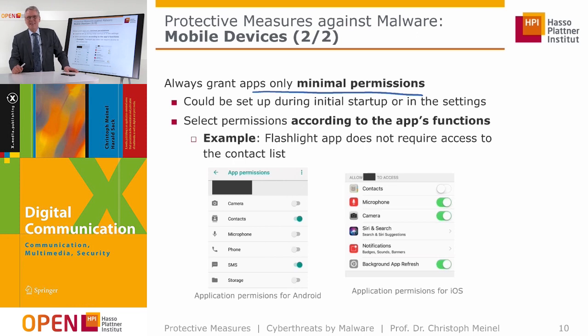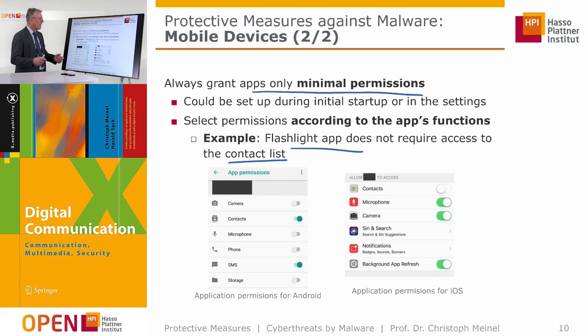For example, a flashlight app does not require access to the contact list. It is often the case, if you check it on your device, that this is completely unnecessary. And the question is where this flashlight app comes from. A typical way for an attacker to attack your mobile system is to design apps with some nice-to-have functionality, but inside is malware.